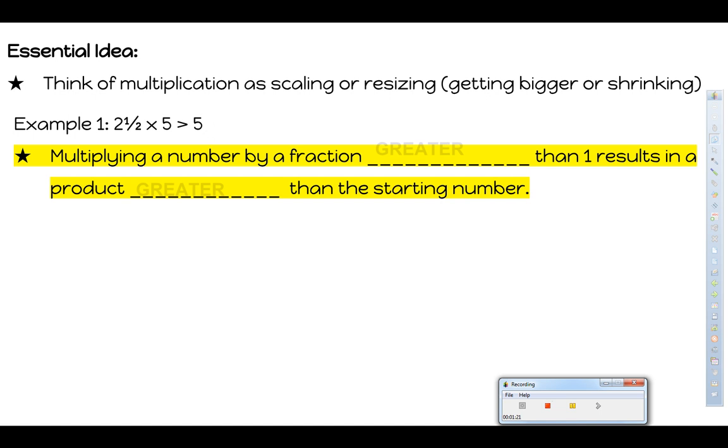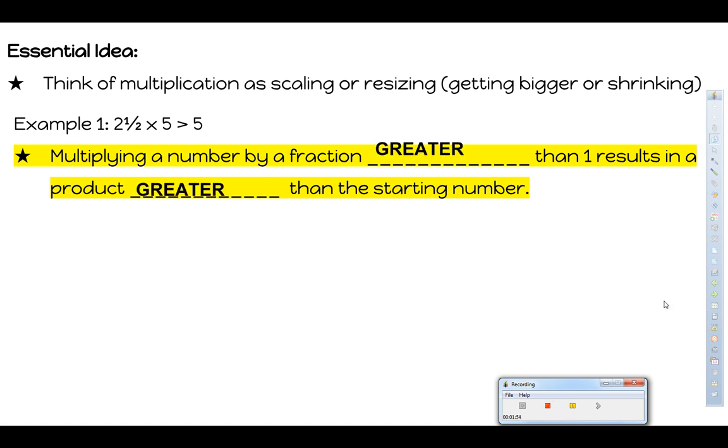What I mean by that is that if we take 5 students and each of them gives out $2.50, are you going to have more or less than $5?